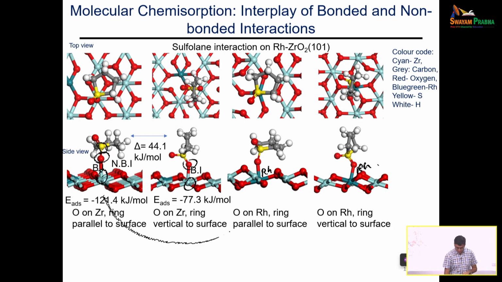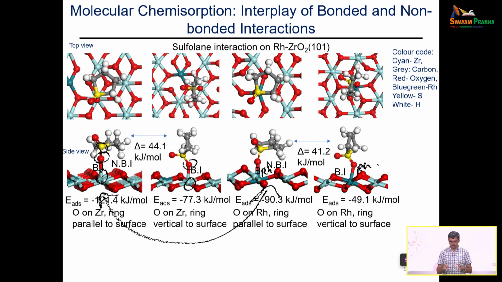Will these numbers be the same? This and this in terms of configuration are the same, but different site. This and this configurations are the same, but different site. So, we have seen in the past that if site changes, adsorption energy will change. Do you expect the trend to remain the same? Almost the same. 44 versus 41, that is a very minor change.